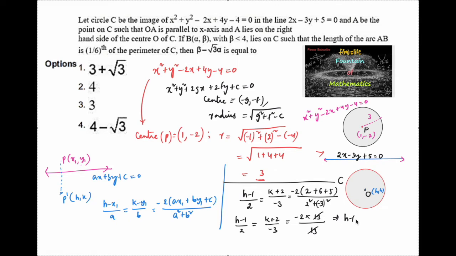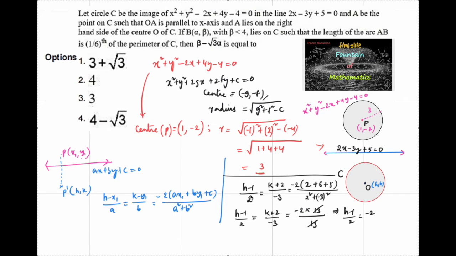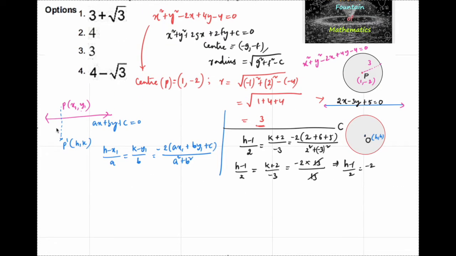So we can write h minus 1 upon 2 is equal to minus 2. So h minus 1 is equal to minus 4. So h is equal to minus 4 plus 1, that is negative 3.